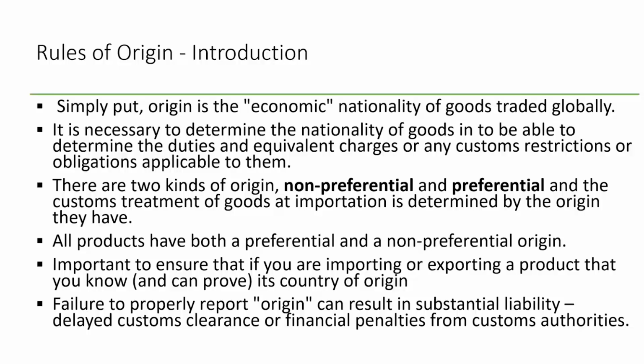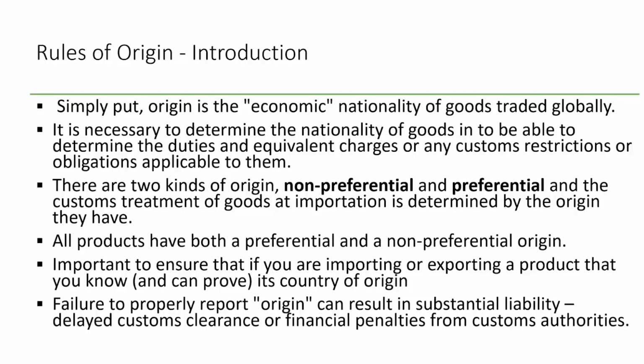So obviously that means that if you're importing or exporting goods, you need to know the origin of those, and you need to state it. If you're the exporter, it needs to be stated on the commercial paperwork so that the importer can see the stated origin of those goods and report on it correctly and meet all the necessary legal obligations around it. There are 2 kinds of origin.